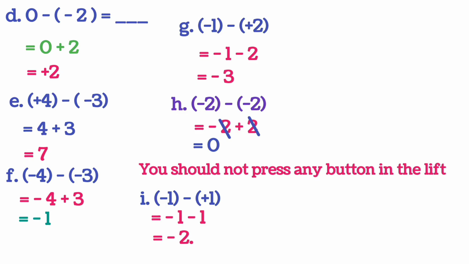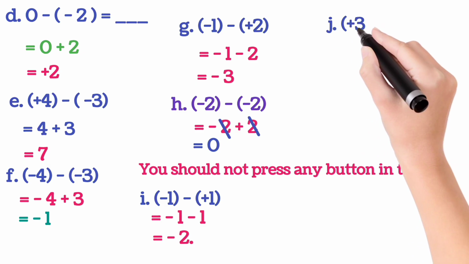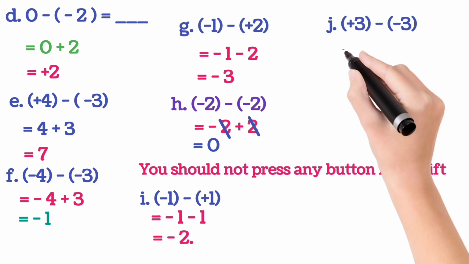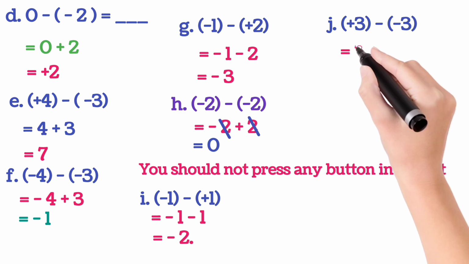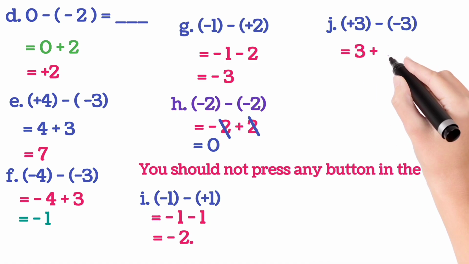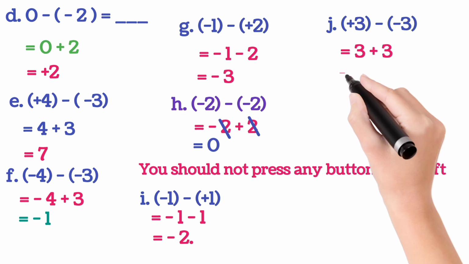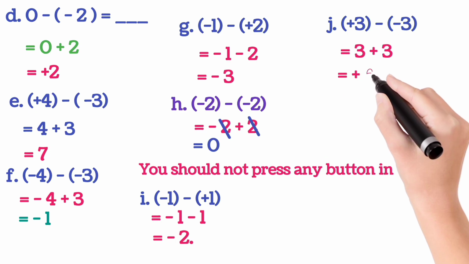So you will press the minus 2 button inside the lift. Next, number J, plus 3 minus 3. Target floor is plus 3 and at present you are 3 floors below the ground floor. So 3 minus plus 3, so 3 plus 3 is what? 6. You will press 6 inside the lift.